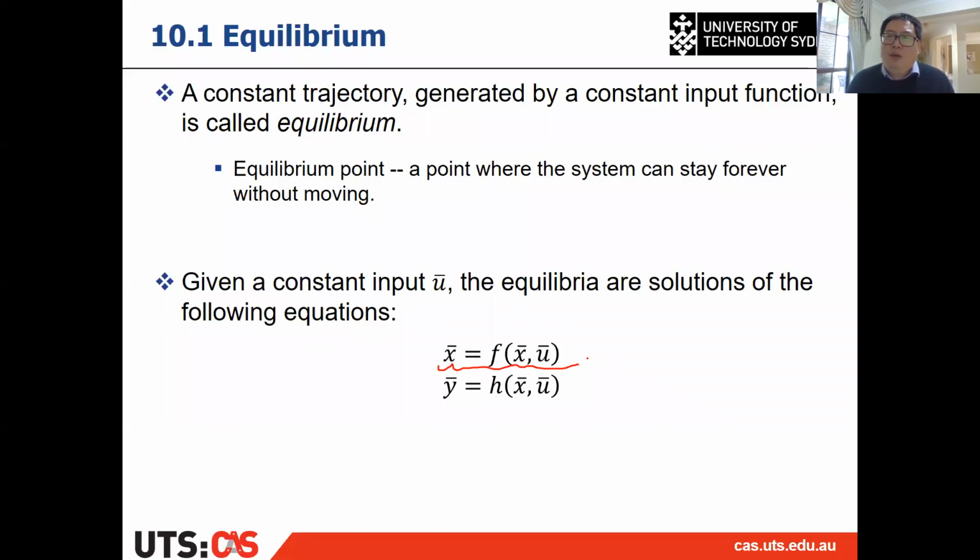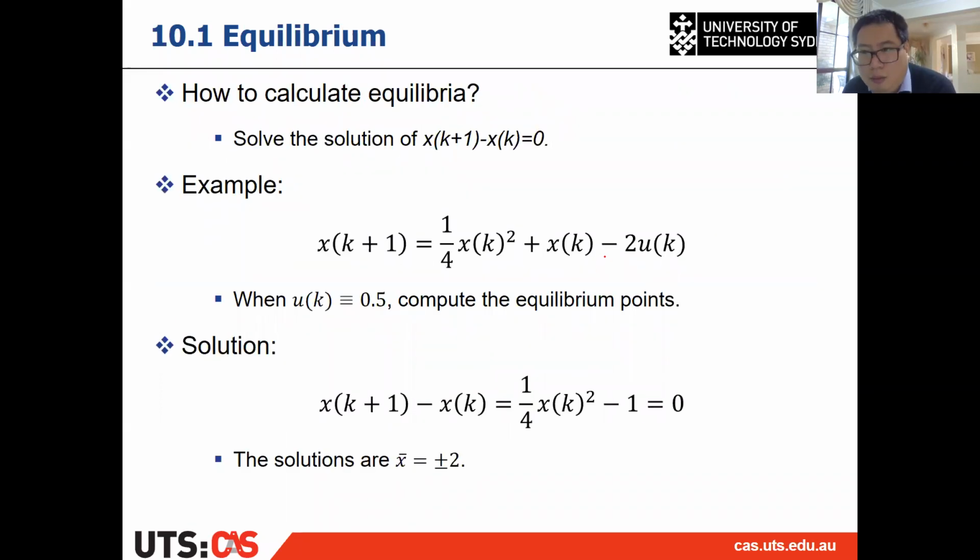All right. So from the definition, we can calculate the equilibrium points of the system. How we can do that is, suppose we have a nonlinear equation, and because for the equilibrium point the state will not change, which means x_{k+1} minus x_k will be equal to 0, because the state will never change, right?